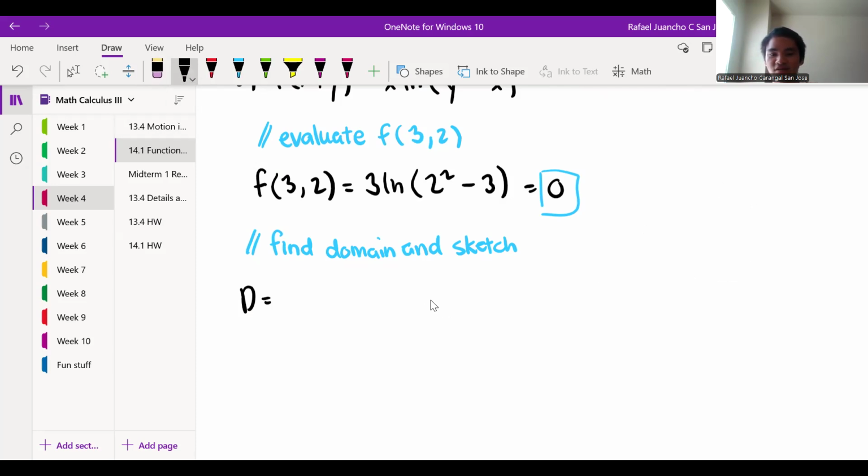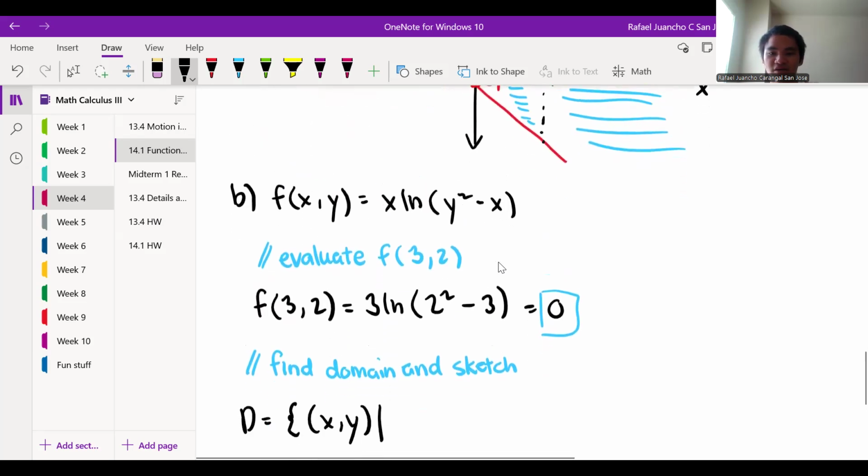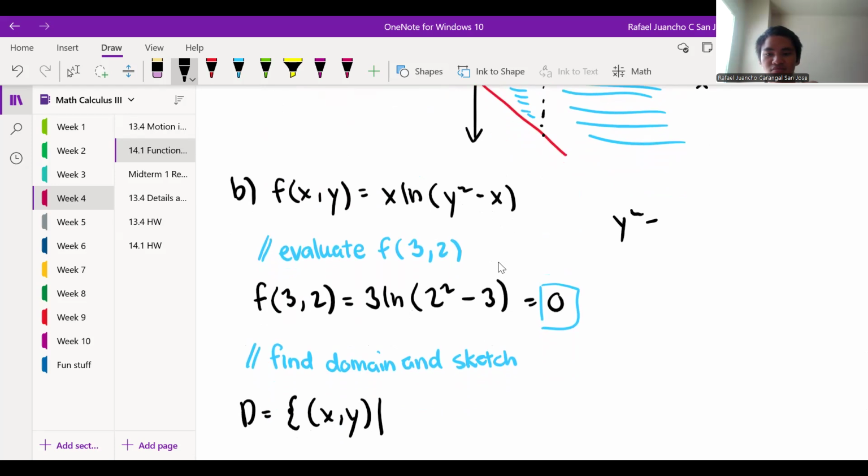So what I'm saying is that my rule for my x and y is that my y squared minus x should be greater than 0. And so in other words, my y squared should be greater than x, if that makes sense.